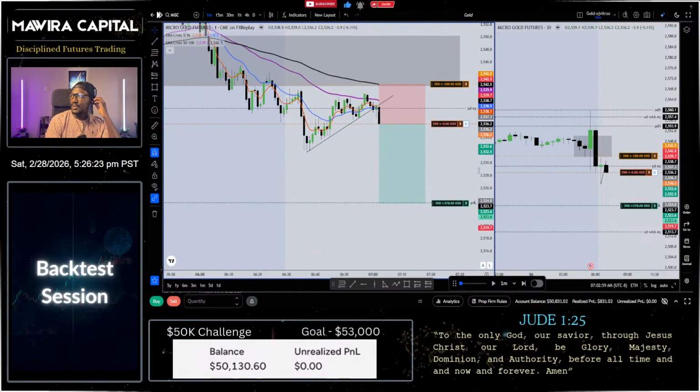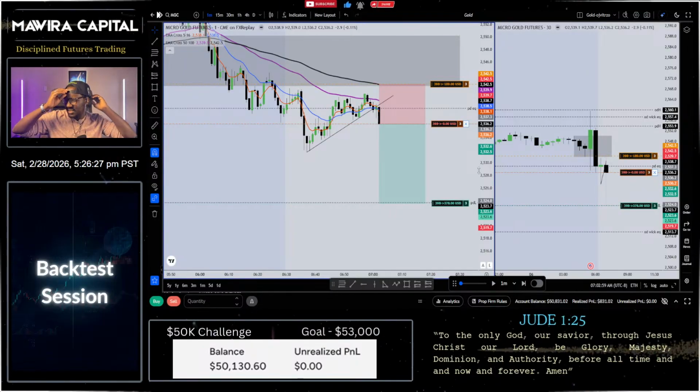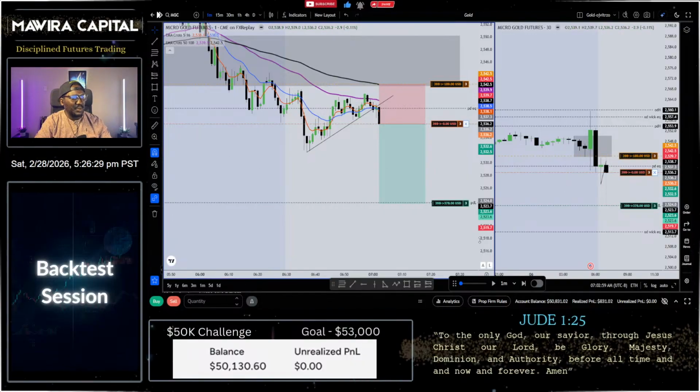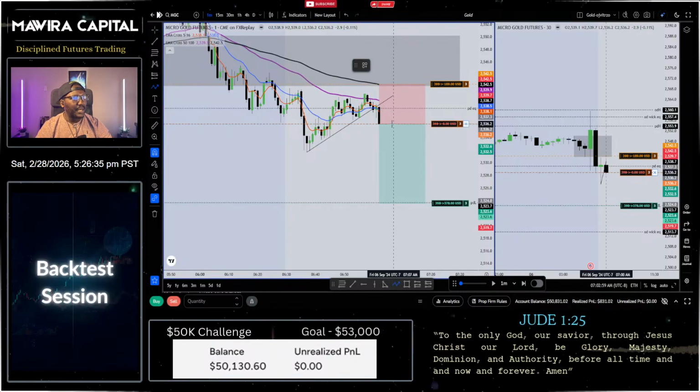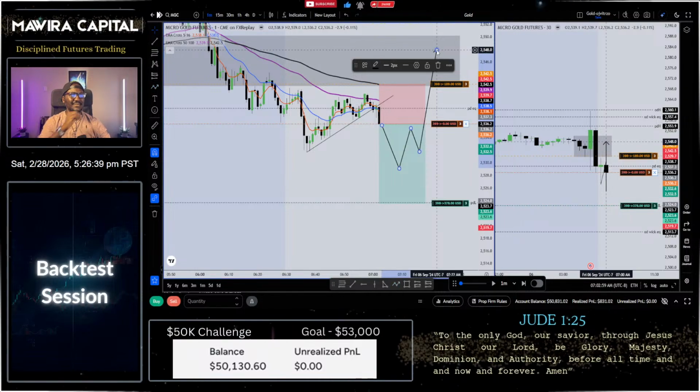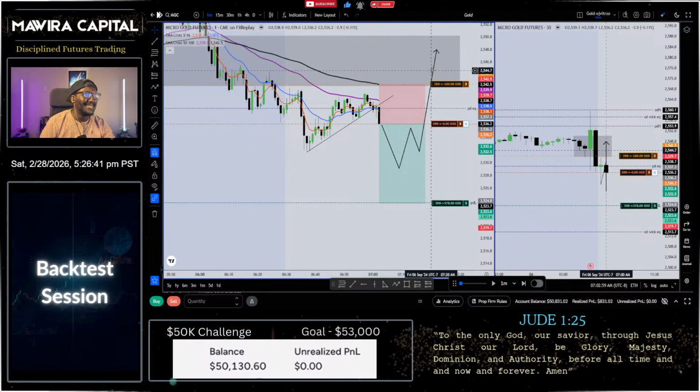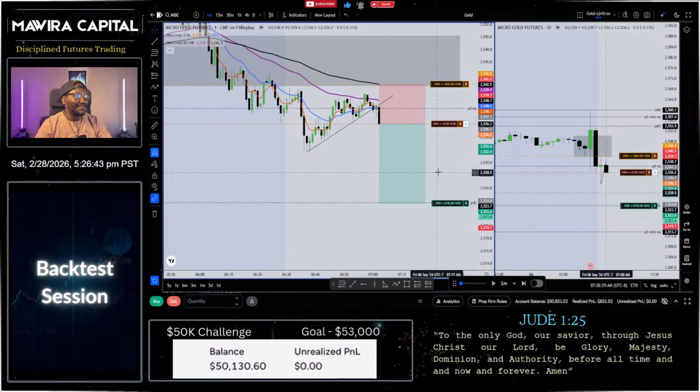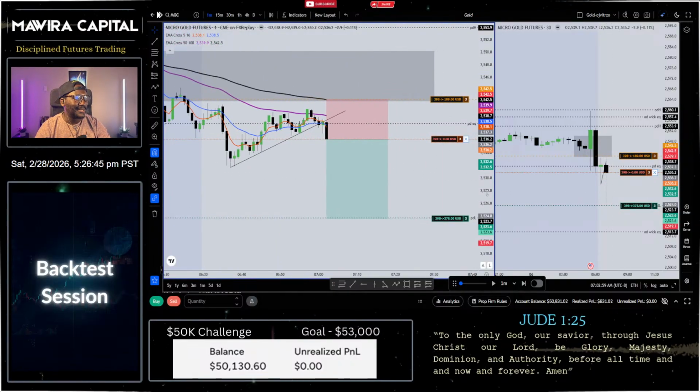You ever got into a trade and you feel like this has to work, because now everything's lined up like my plan, and then price just does something like this, boom, boom. Price doesn't care about your strategy, man.